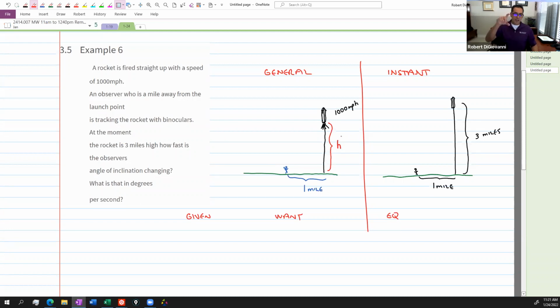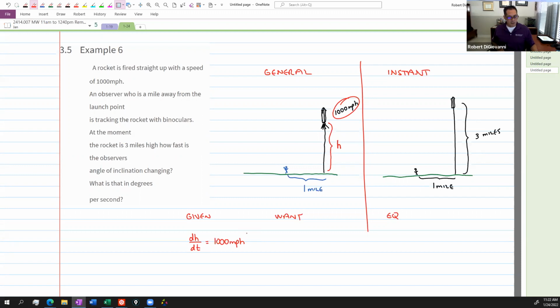So what I'm given when I'm given this speed is how fast h is changing with respect to time. So I could write dh/dt is given to me to be 1,000 miles per hour. Are there any questions? The rate at which h is changing with respect to time is 1,000 miles per hour.